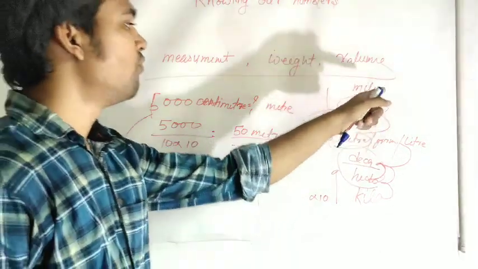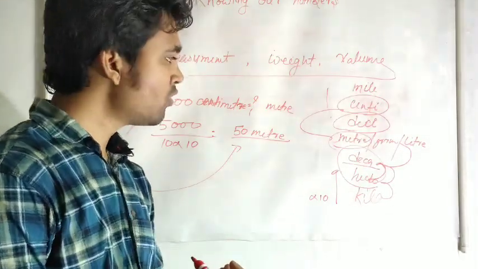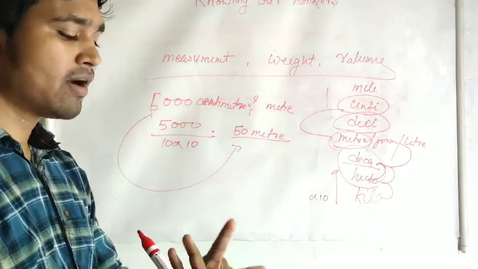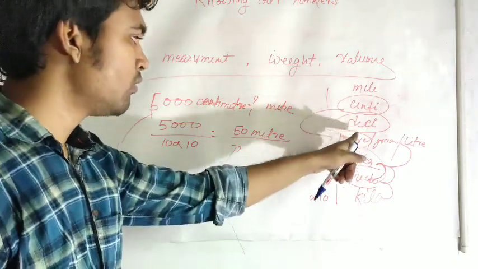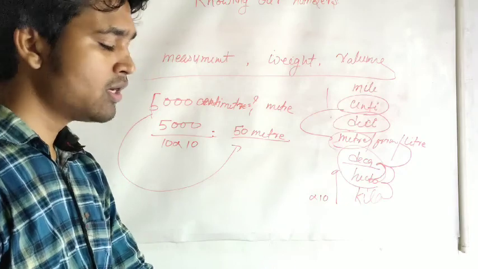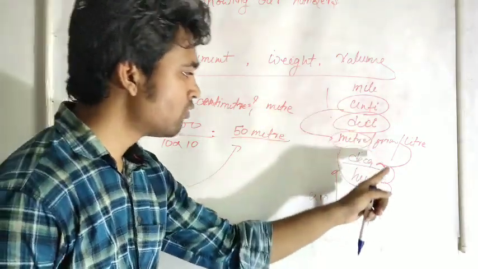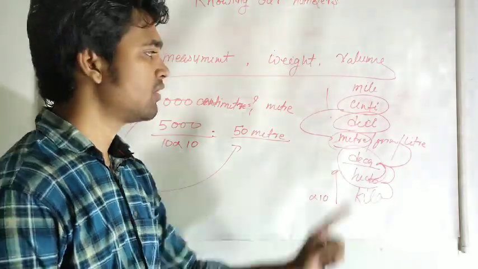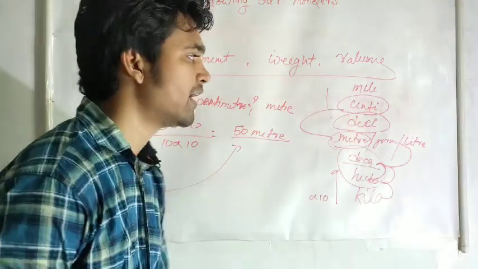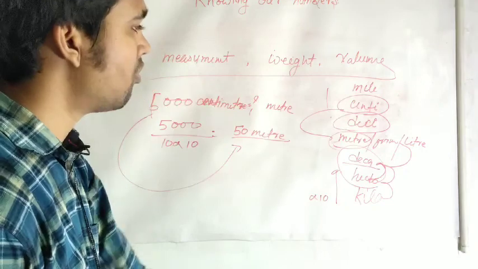So when we go one step lower, we divide by 10. When we go 2 steps lower, we divide by 100. When we go 3 steps lower than the prior one, we divide by 1000 and so on.